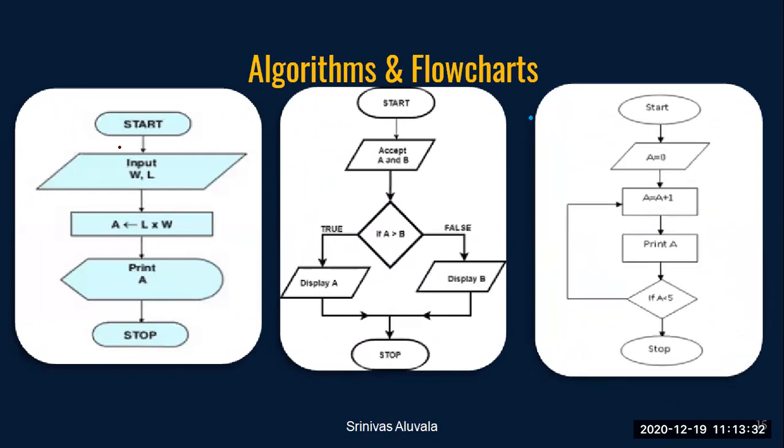This is the algorithm of sequence for finding the area of a rectangle, and this is the algorithm for getting the biggest of two numbers based on a condition. And this is the flowchart depicting printing of numbers 1 to 5, where one or two steps of the algorithm are repeated for a required number of times to get the solution.